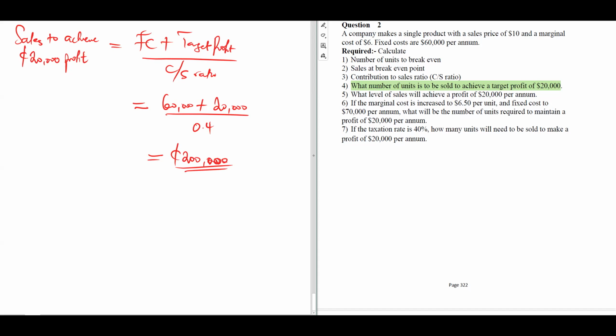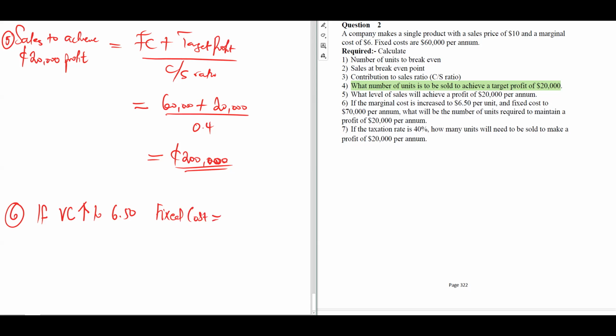Okay. So this is the fifth one. Now the sixth one is saying that if variable cost increases to 6 cedis 50 pesewas, and fixed cost is now 70,000, what number of units will give you a profit of 20,000? So this one is a sensitivity analysis, an adjustment. This is the type we normally give to you in exam.